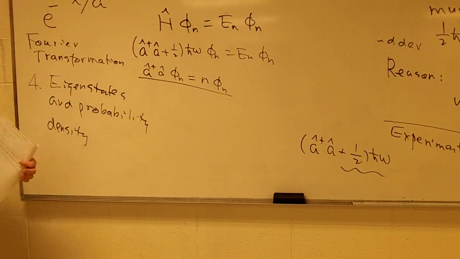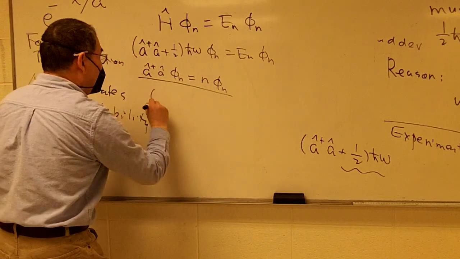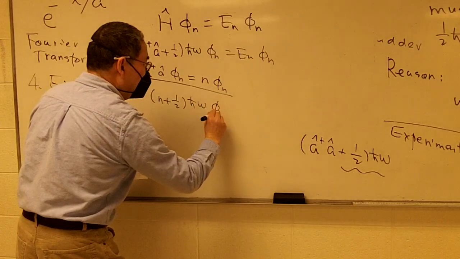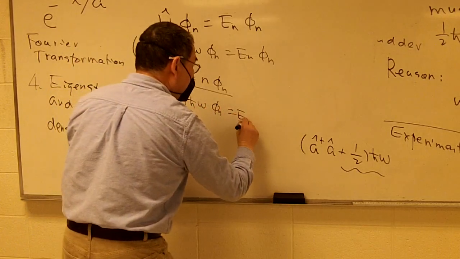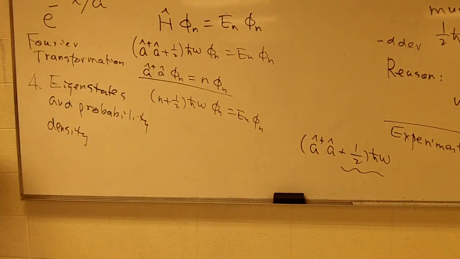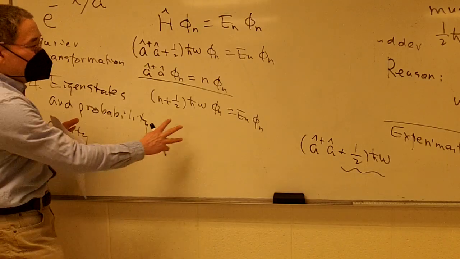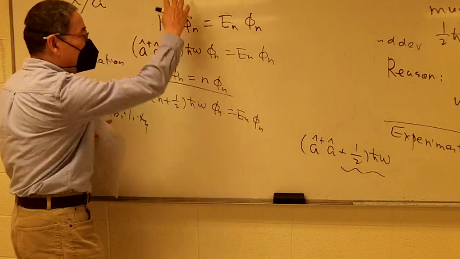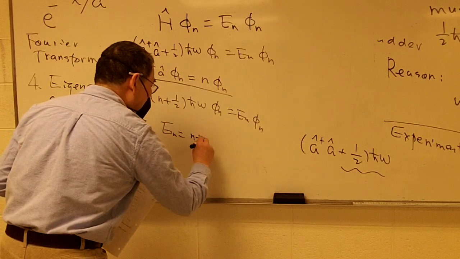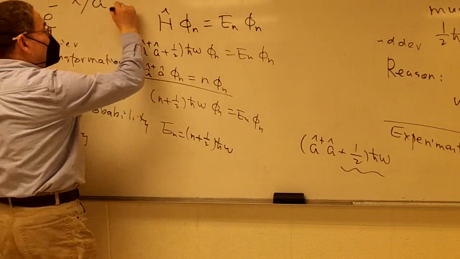So when I plug this in, I will get n plus 1/2 h bar omega phi n equals En. Again, everything that I wrote down here is assumed. I did not prove it, and I will prove it now. So you can see the eigenenergy for the harmonic oscillator En will be n plus 1/2 h bar omega. So this is my assumption.